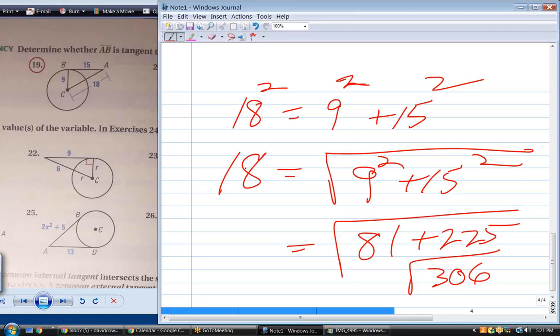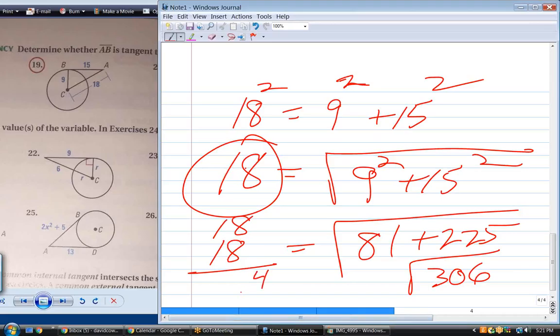Tell you what, let me give you a little secret. You won't have to use your calculator to solve this. 18 squared, what's the last digit have to be? 4. 18 times 18. 8 times 8 is 64.